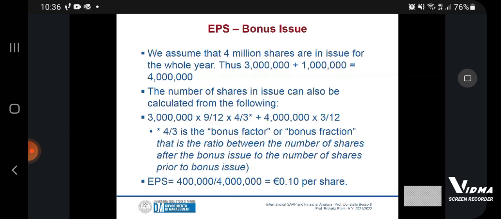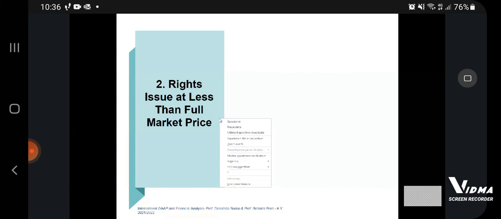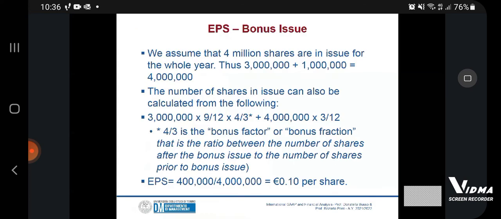Okay. And what about the capitalization for shares? Sorry? If we have this kind of situation of capitalization or share issue? Yeah, somehow. This is the case of share issue at no price. This is the bonus issue. You are assuming another type of share issue or?